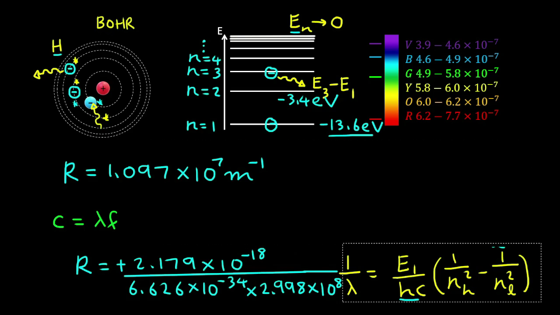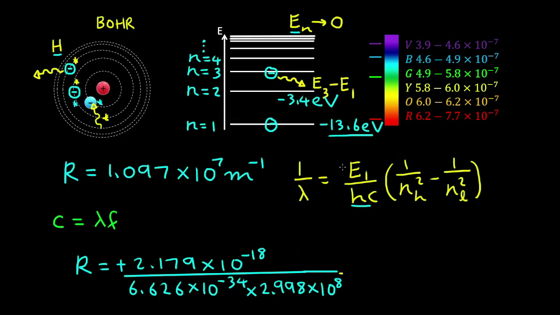So this expression over here, being the Balmer-Rydberg equation, can be written using Rydberg's constant. So we have minus R here. Now let me remove this.